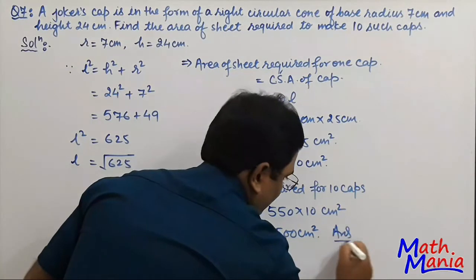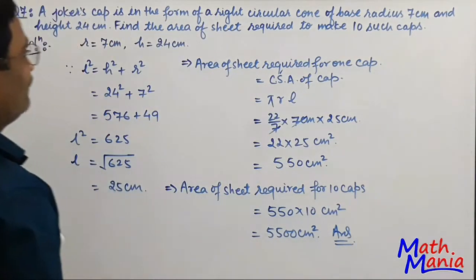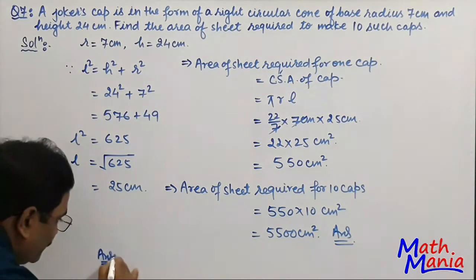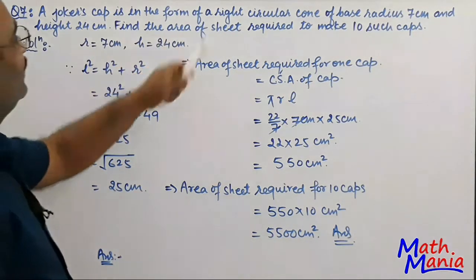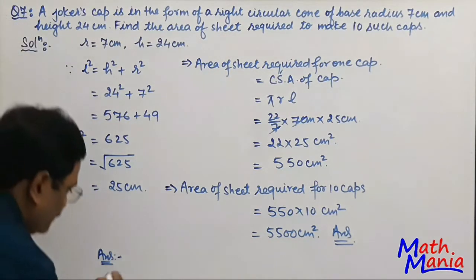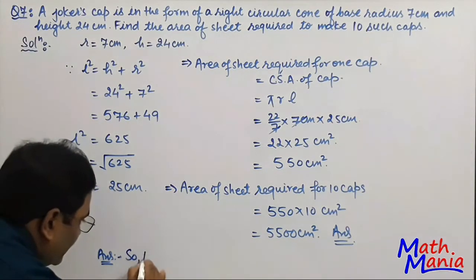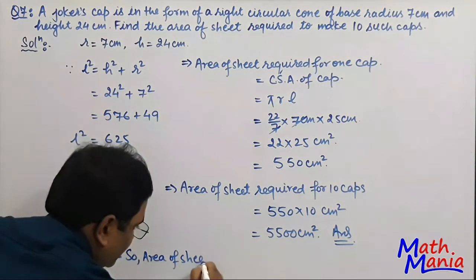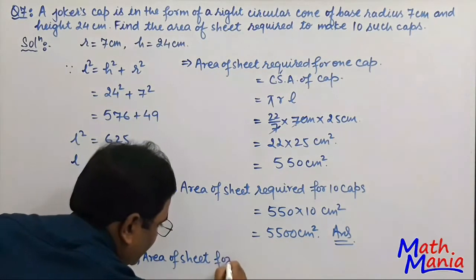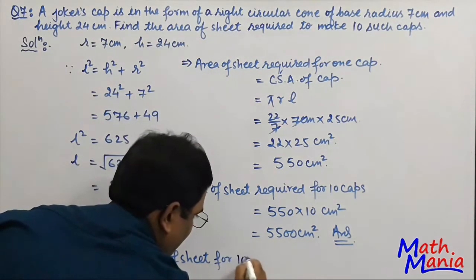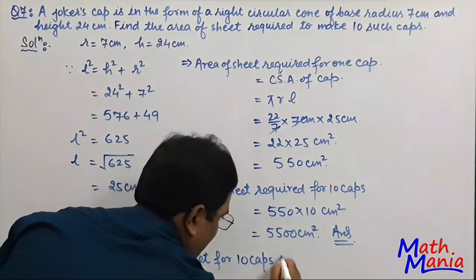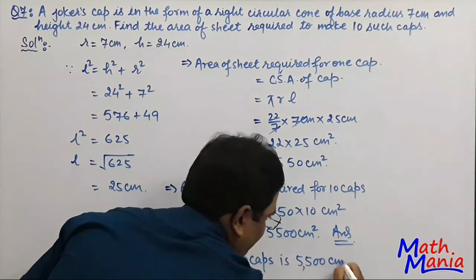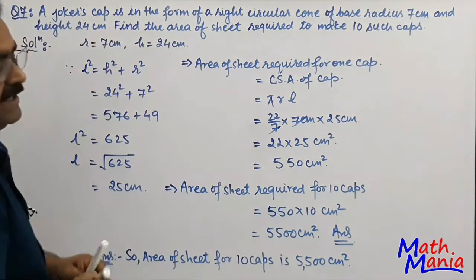Right friends, so for the answer we need to write: the area of sheet required for 10 caps is 5,500 centimeter square, which is our required answer.